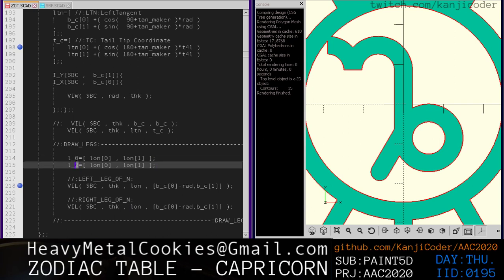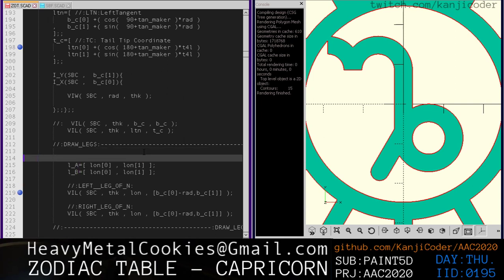So 0 and 1 for the left. And for point number 2, left A to B is what this is. And for the next one, let's steal that. So for this, it's this, and then it's the BC1. Okay.